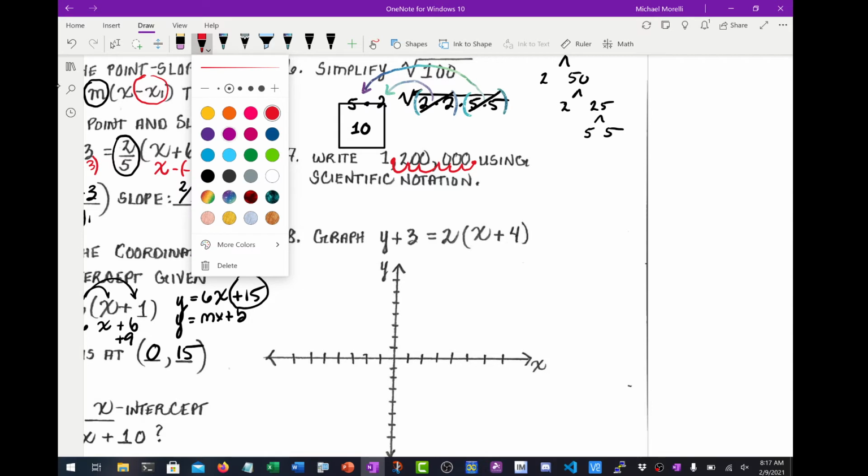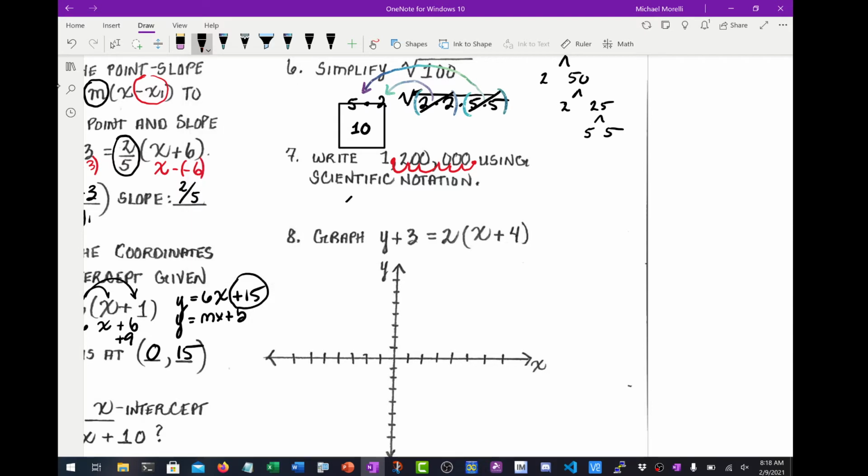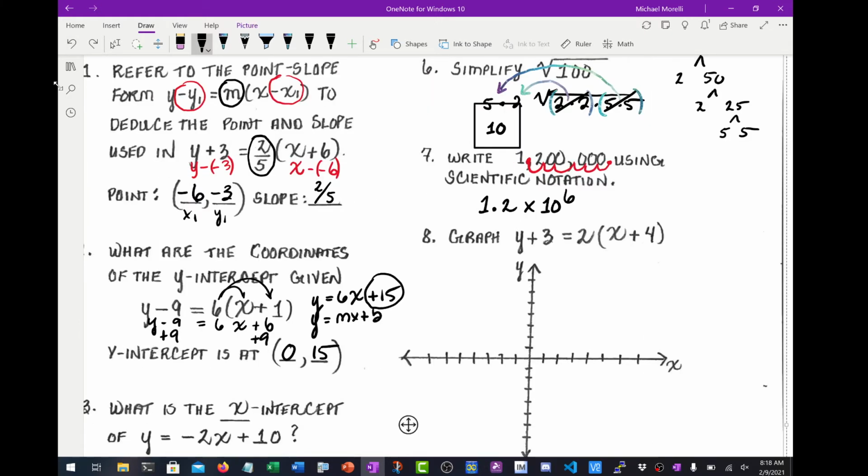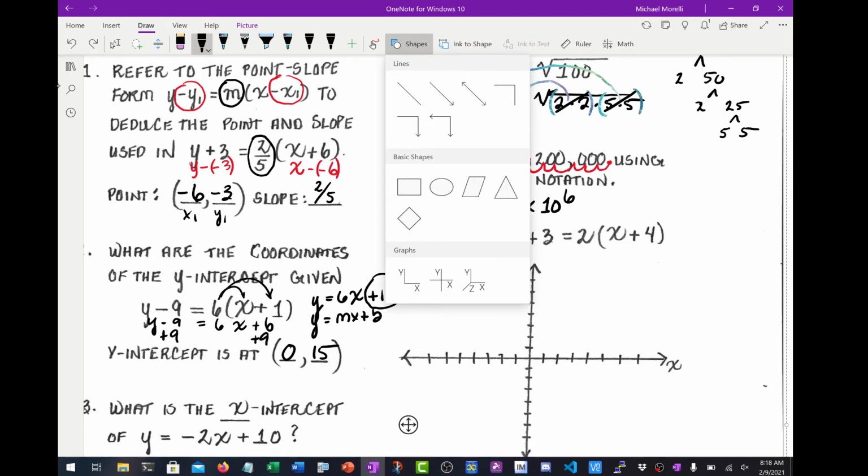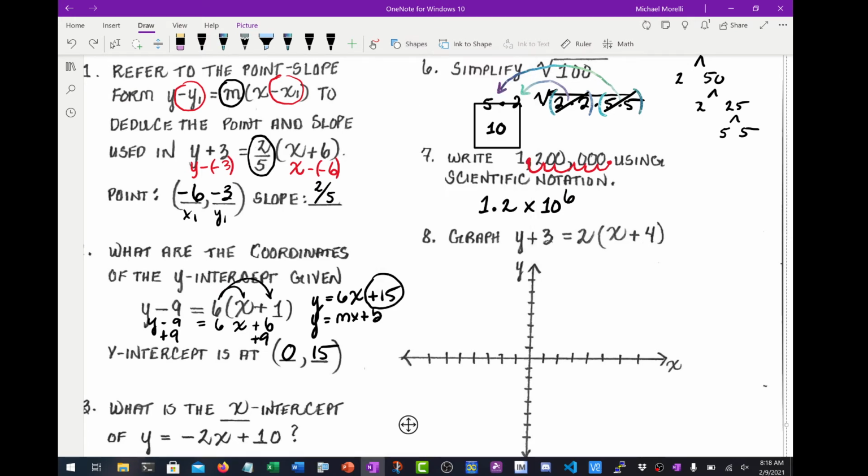So what you're going to write is 1.2 times 10 to the 6th power. We're going to put a box around this right here.